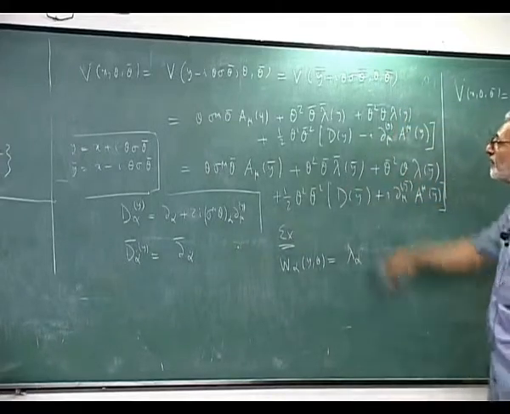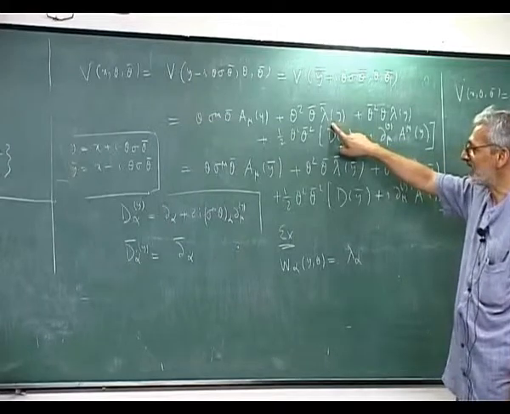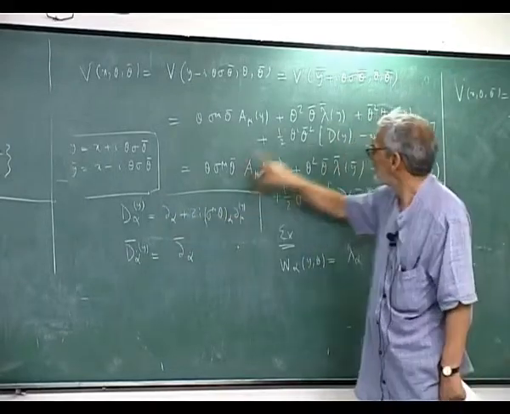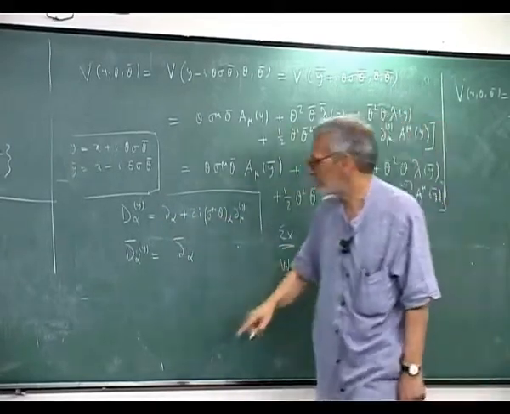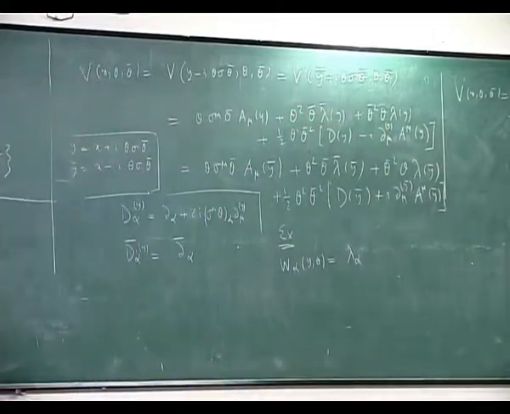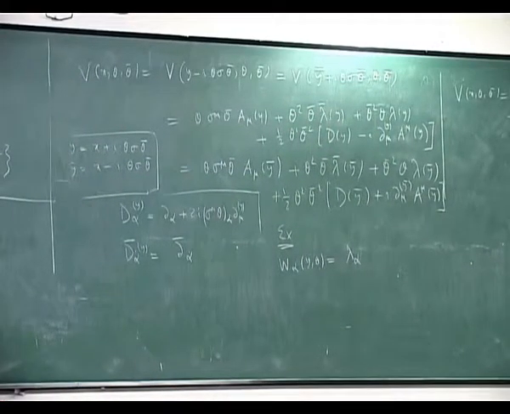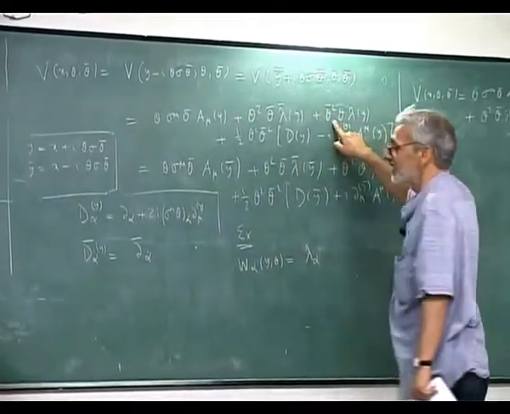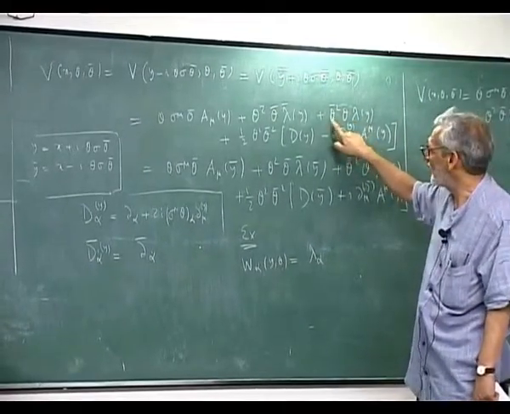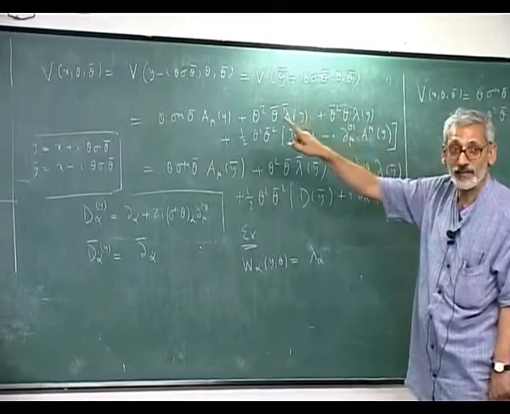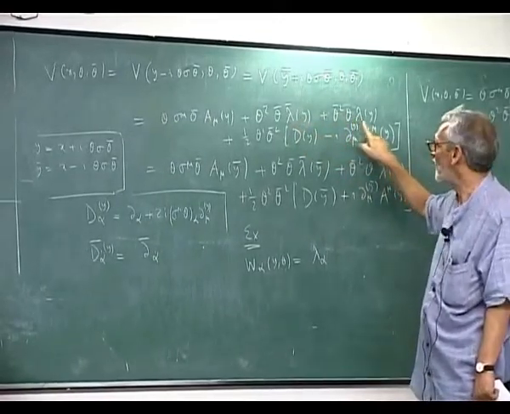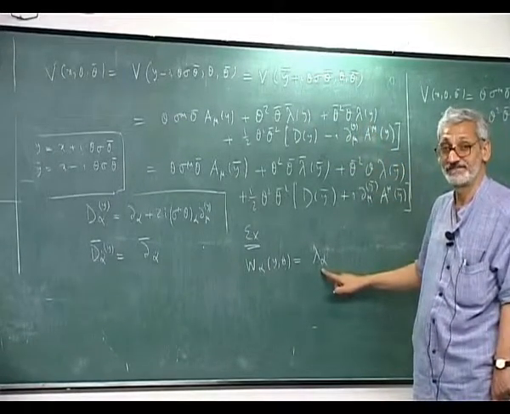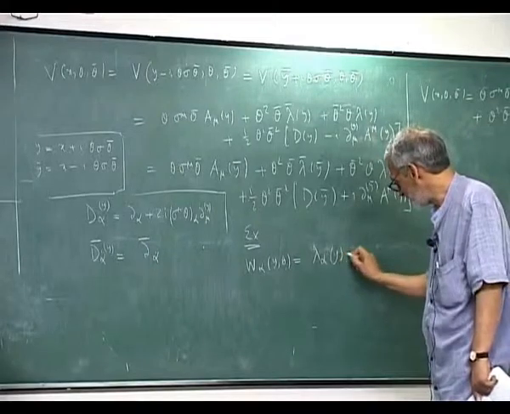It's very easy to see this: in W there is a square of D bars and one single D. Now look at this expansion here. The D bars will kill the 2 theta bars. The single D will kill theta. That will give you lambda alpha. That's the first term as a function of y.